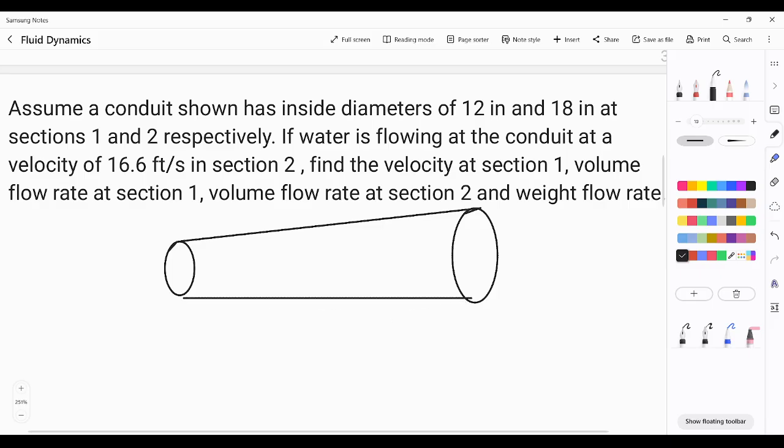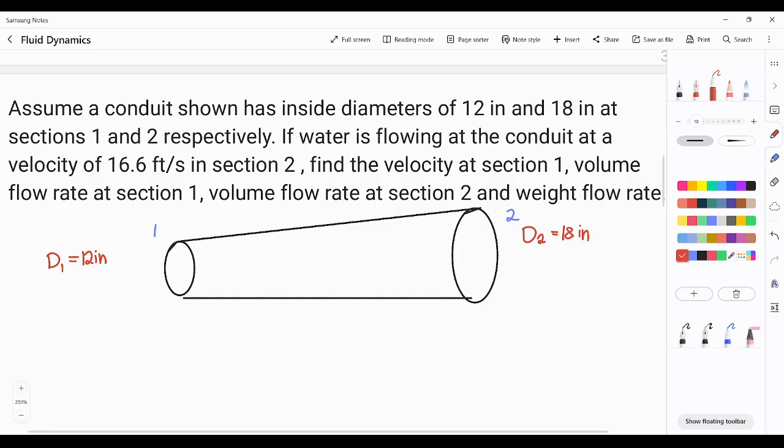Okay, this is section 1. This is section 2. And our diameter for section 1 is 12 inches, and the diameter for section 2 is 18 inches.